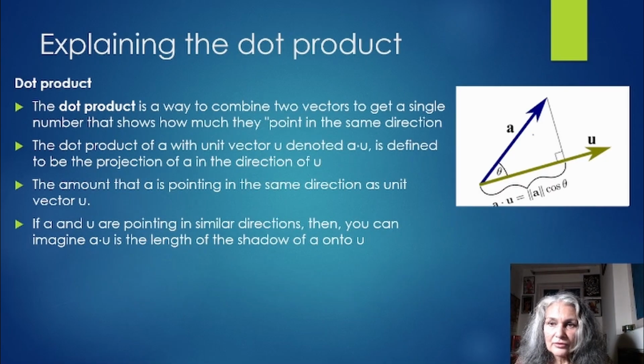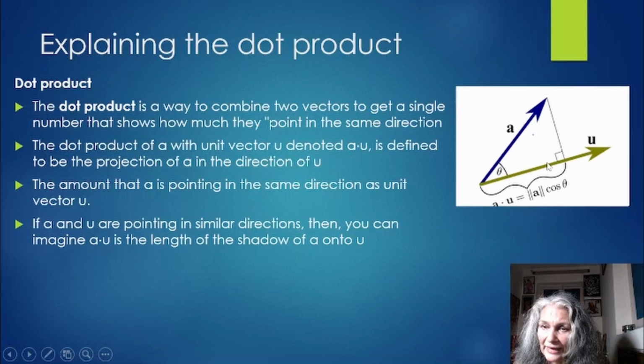If A were like this, then there is no shadow. The length of the shadow cast by A on this second vector is literally 0. Hence, the longer the shadow, the more similar are the two vectors.